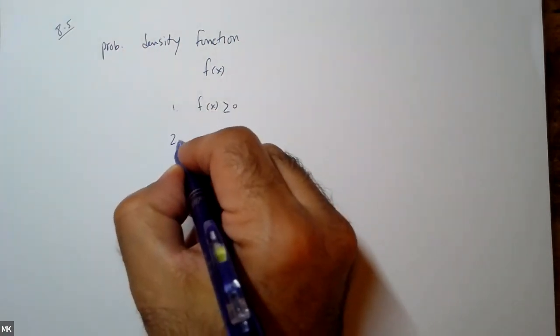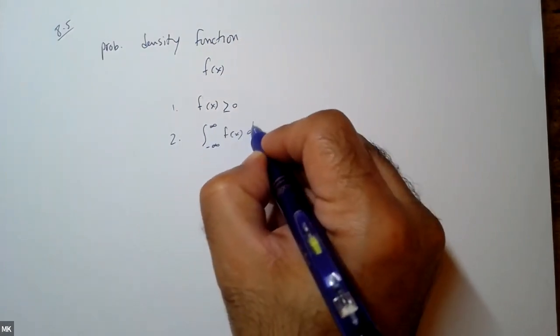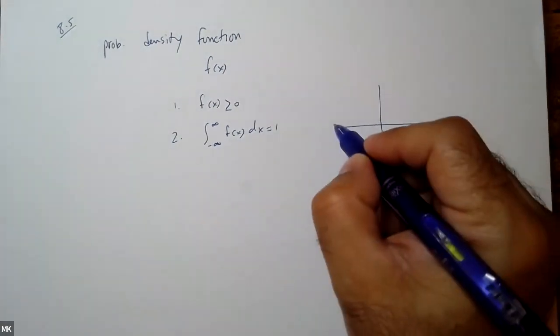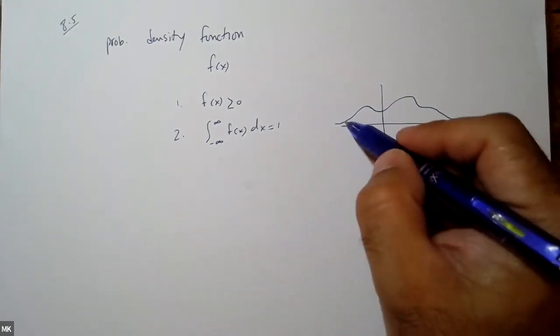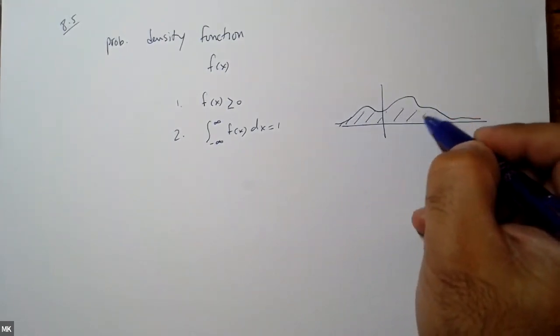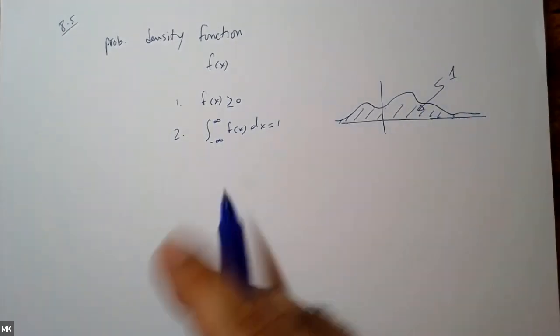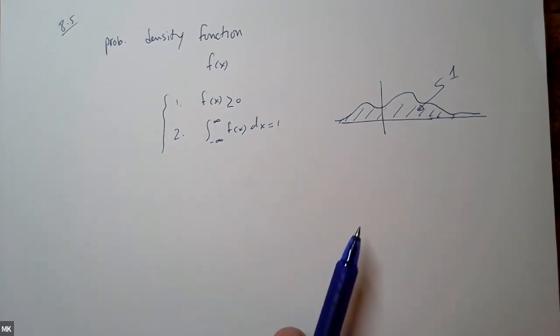The second property is that the integral from negative infinity to infinity of f of x dx has to be 1. So if I have a curve that is always positive, and the area under the curve from negative infinity to infinity is 1, then it's a probability density function. Now, it may not correspond to any specific probability that you're trying to use, but that doesn't take away from it being a probability density function, a PDF.